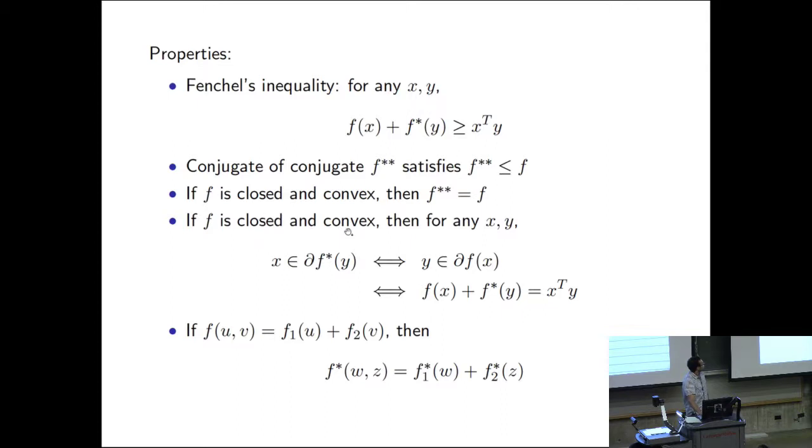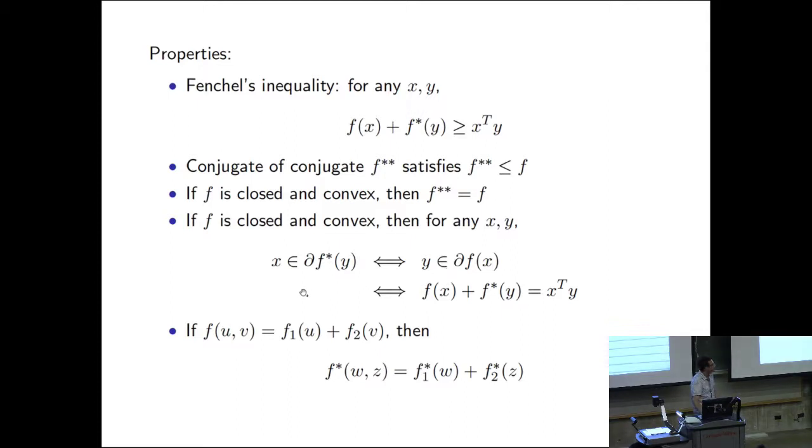Also, under this condition, closed and convex, we have the following super useful relationship between subgradients of functions and subgradients of their conjugates. If you are asking for a subgradient of the conjugate at a point y, then a point x is a subgradient of the conjugate at y if and only if y is a subgradient of the function f at x.